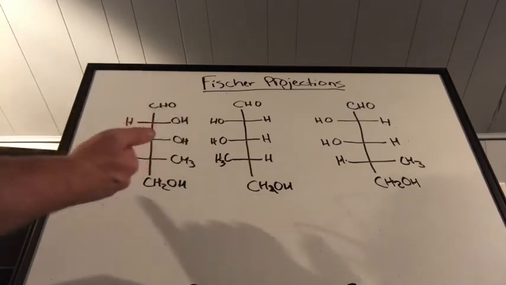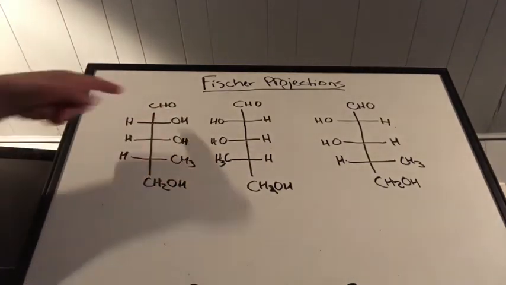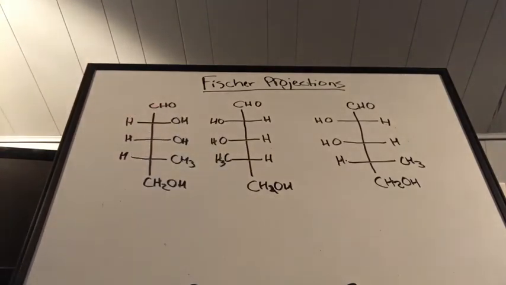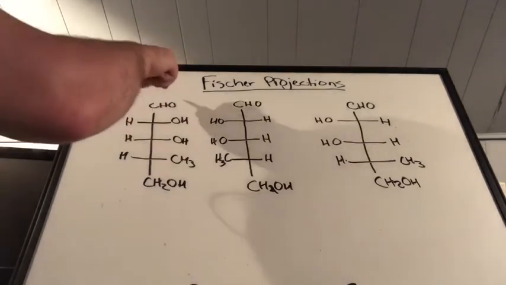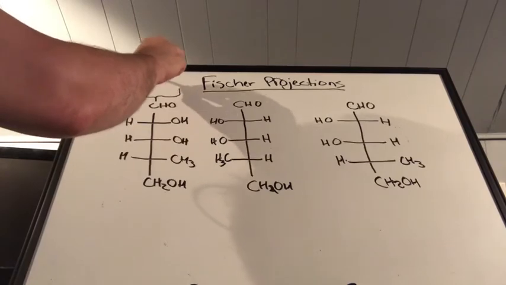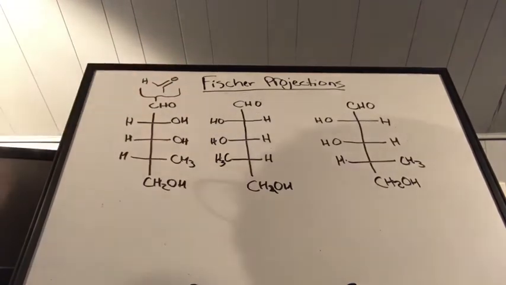So you're not going to see another junction here. And then at the top, this is going to be shorthand for an aldehyde. So in other words, it's just going to look like that.